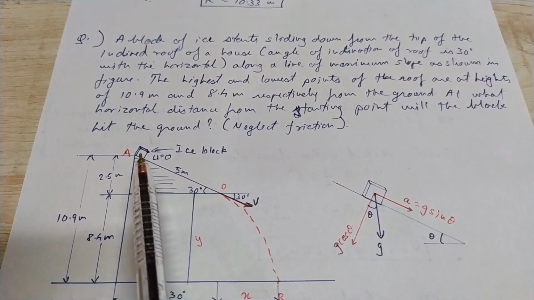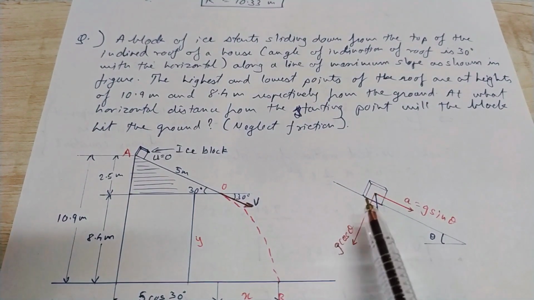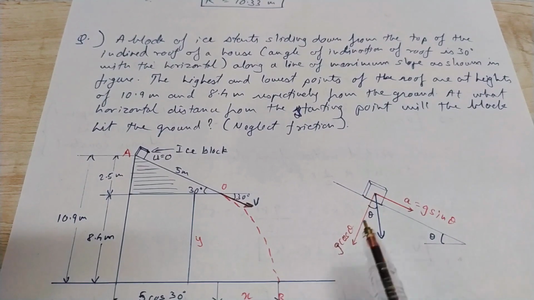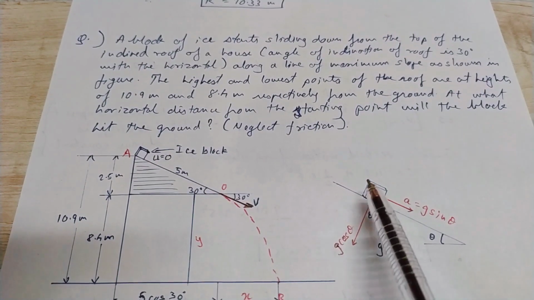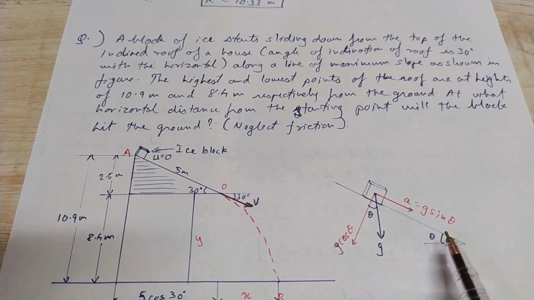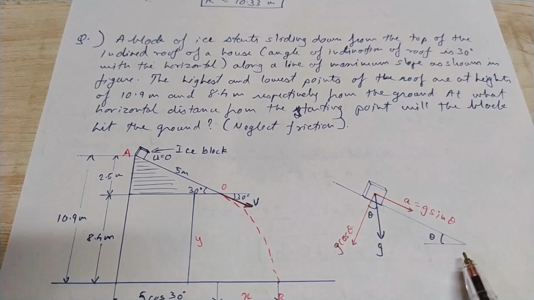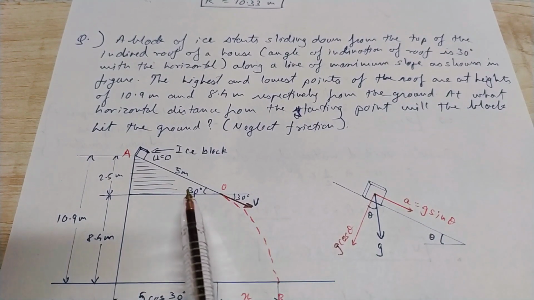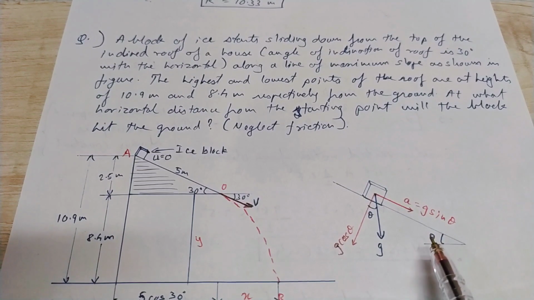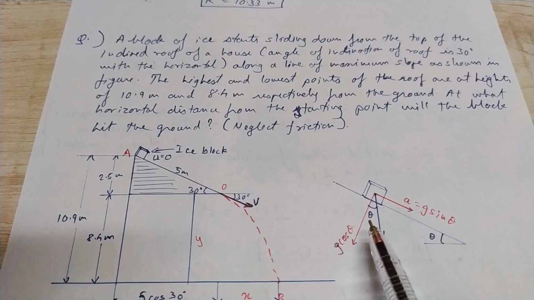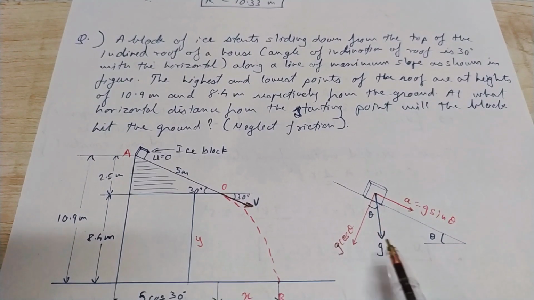Now have a look at this ice block that I have drawn separately over here. g is the acceleration due to gravity, which is acting vertically down. The angle of inclination of this inclined plane with respect to the horizontal is theta. Suppose this is theta between these two lines. Now this g is a vertical line and this is a horizontal line, so they are perpendicular.